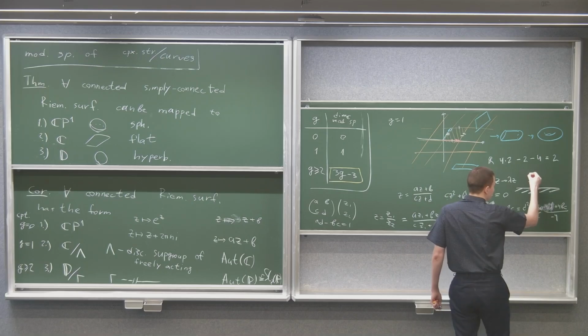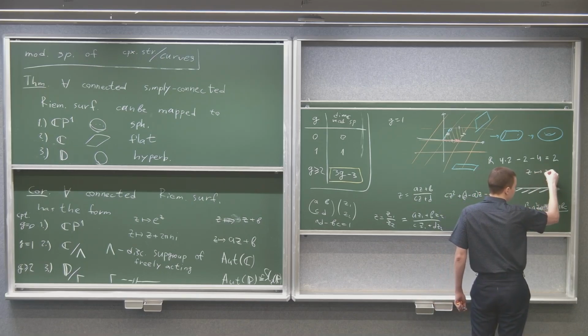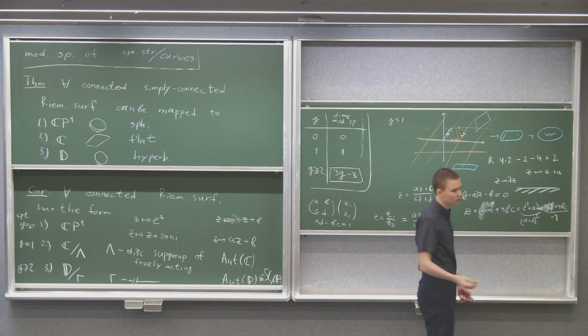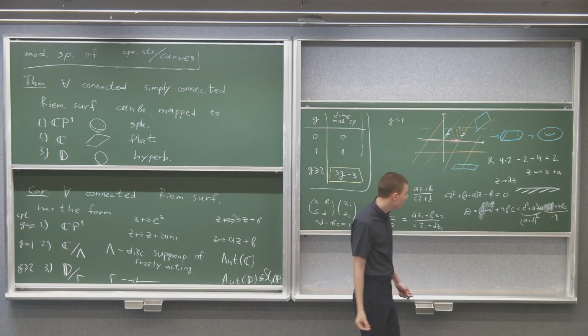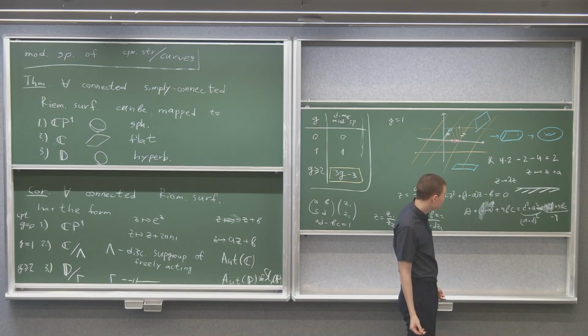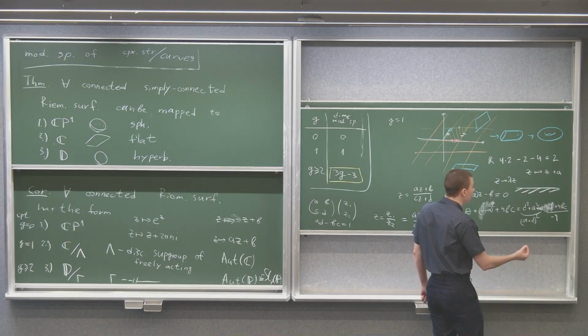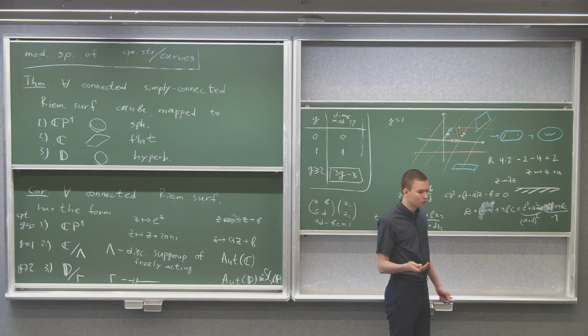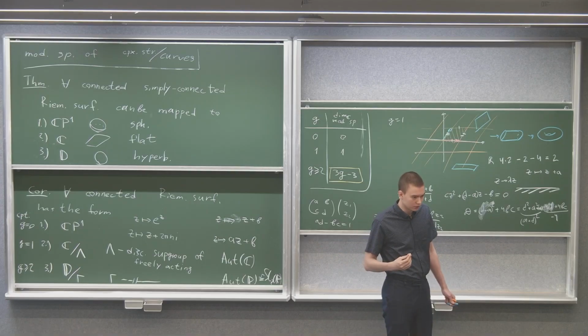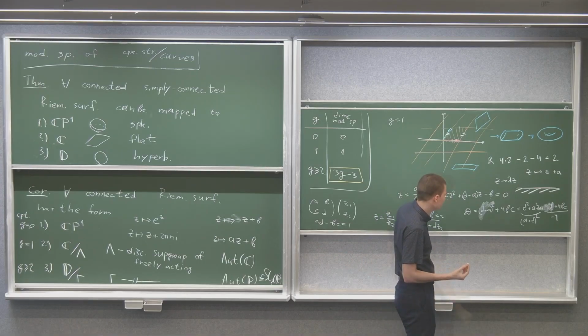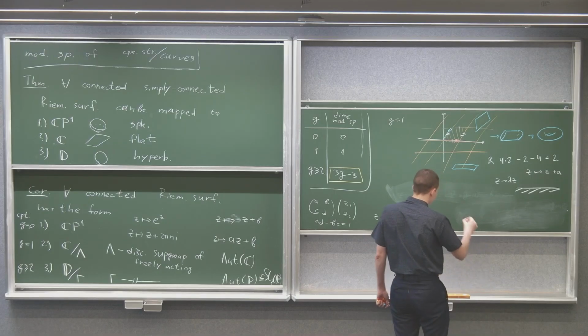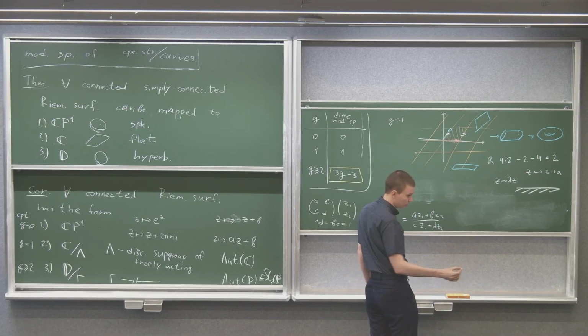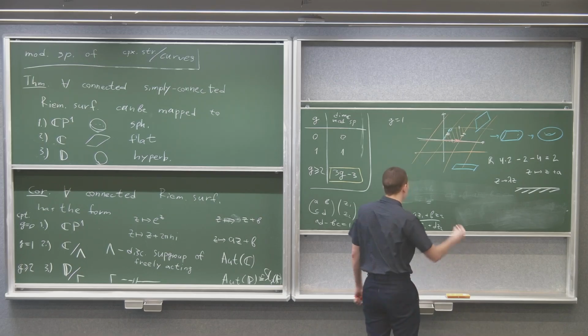Then the second transformation is z goes to z plus a. This obviously also has no fixed points. And the third transformation is a composition of an inversion, a shift, and again an inversion. I think we can see that there are no fixed points for inversion plus shift plus inversion.